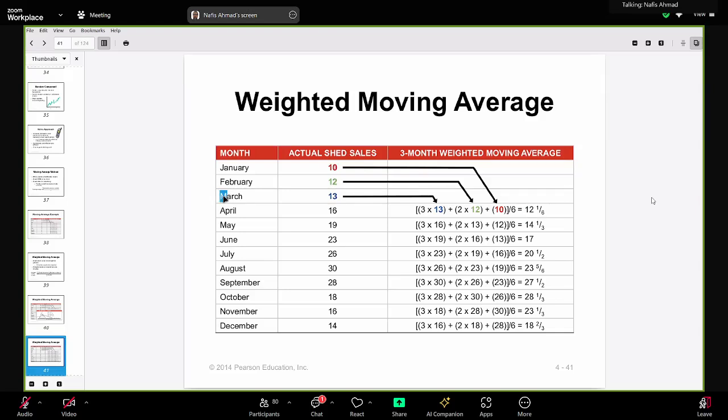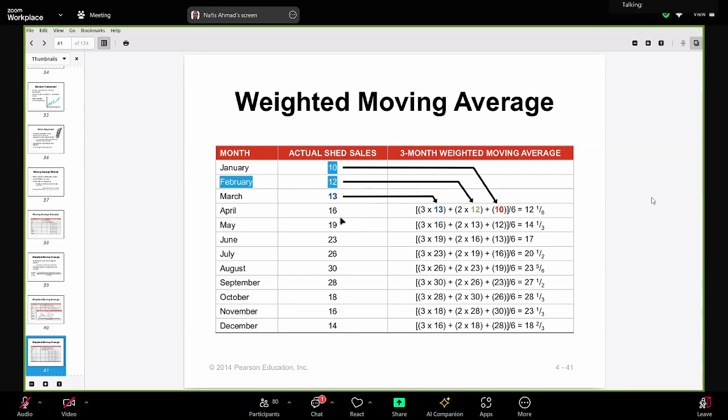Now you will find that the forecasted demand will be closer to March, the last actual demand. As you are giving more importance to the last one, the forecasted value will be close to the last one, biased to the last one. But we are not ignoring the other historical data; we are just giving less importance to older data.